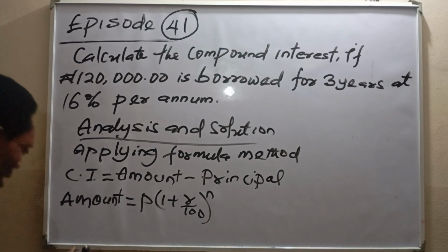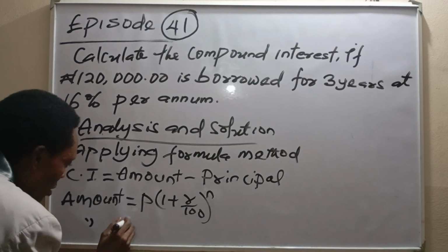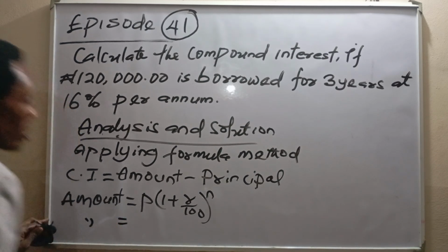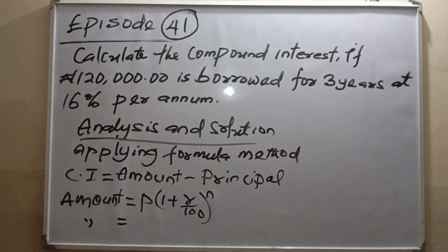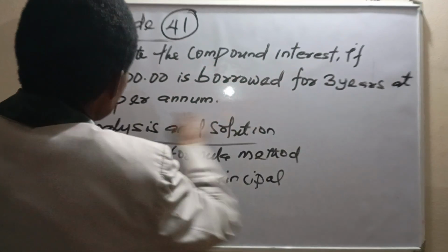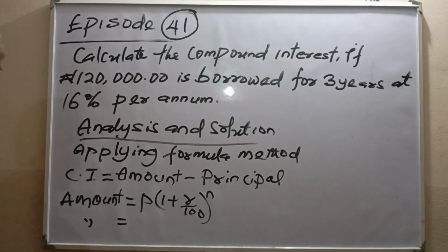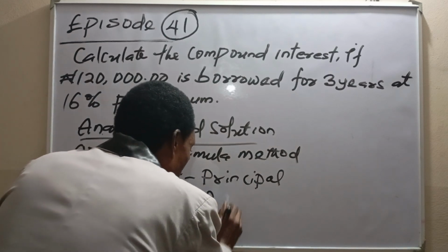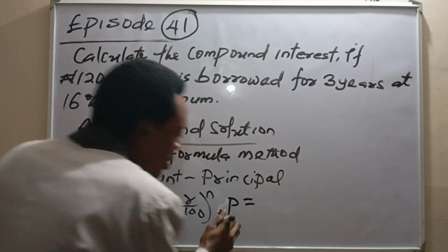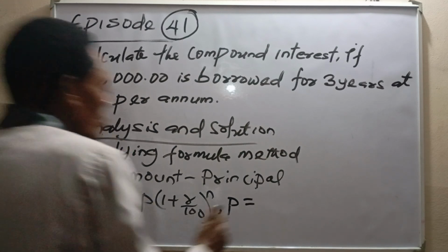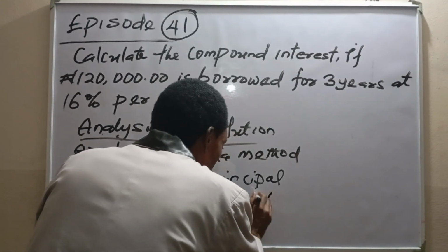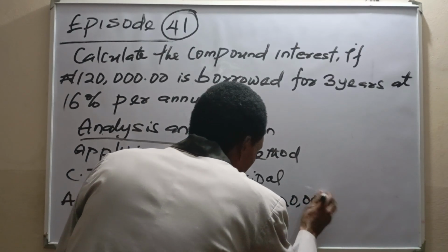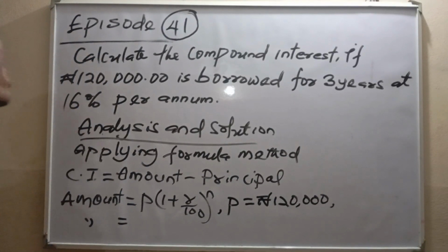So from here, let's see our principal. Let's use P to be our principal, which is 120,000.